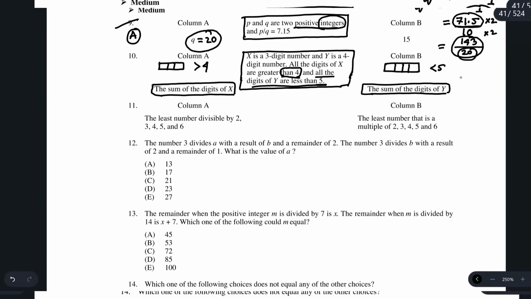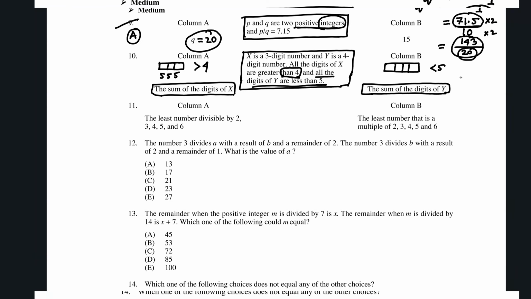Okay, now we have to compare the sum of the digits of X and the sum of the digits of Y. For this type of comparison, we have to think about all the cases that can happen, and see whether the answer we are referring to is satisfied for all the cases or not. So let's focus on column A. We have 3 boxes where each value should be greater than 4. So let's assume we have 5, 5, 5, okay?